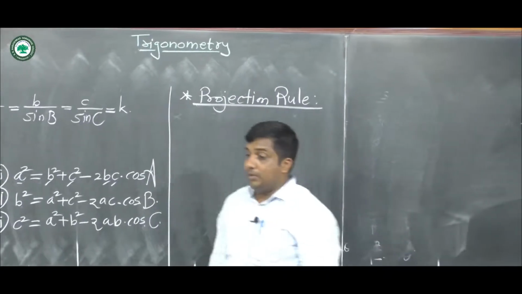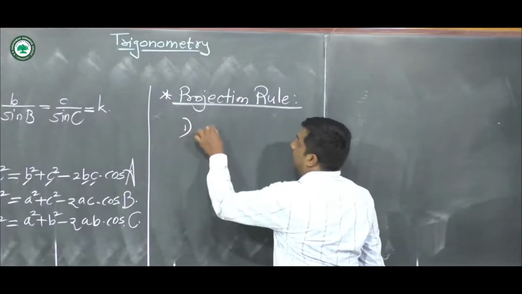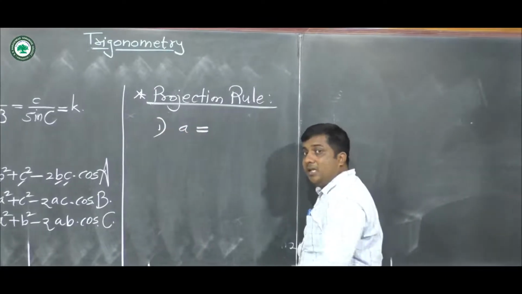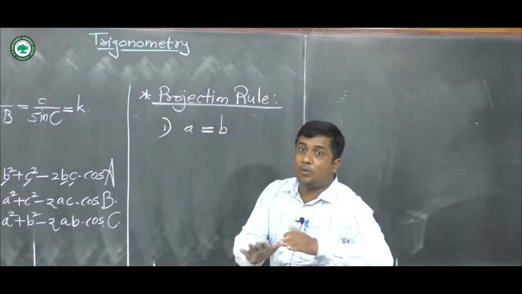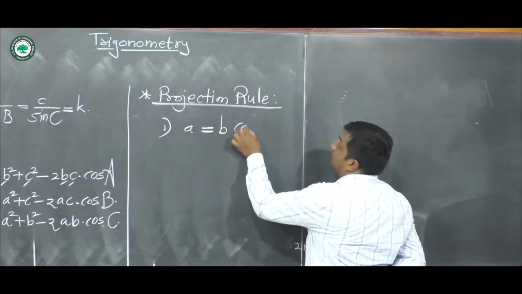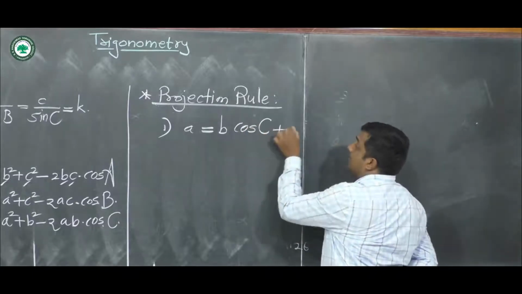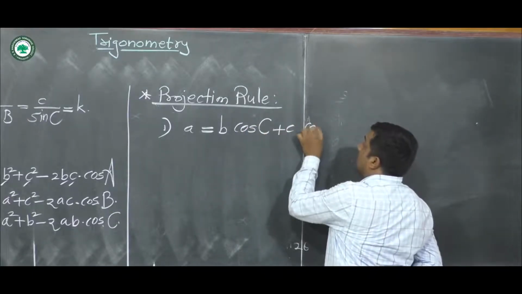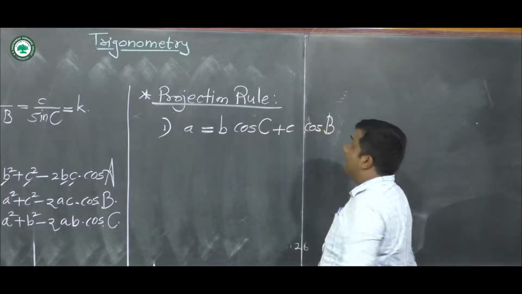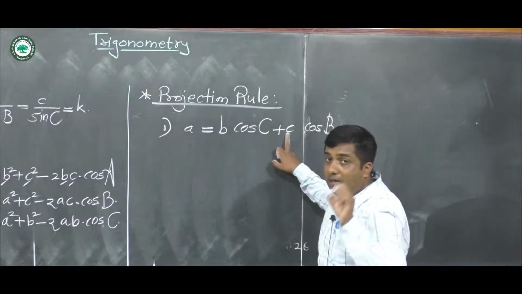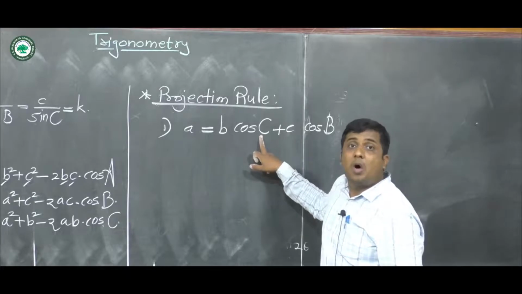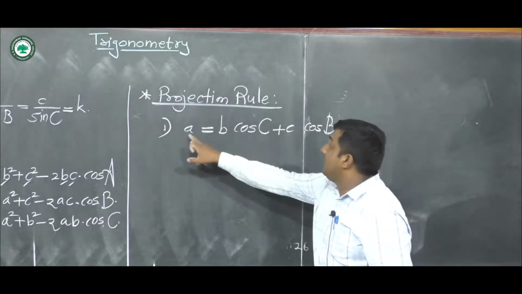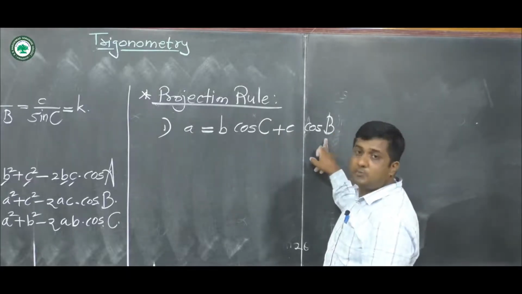If we consider a on one side, then in opposite side we consider b and c and angles related with b and c. Okay, so here b cos C plus c cos B. Remember, here small c is for length of the side and capital C is for angle of the triangle. So a is equal to b cos C plus c cos B.